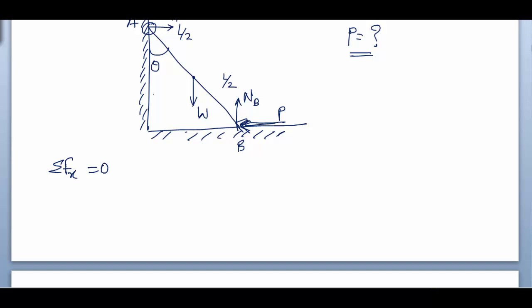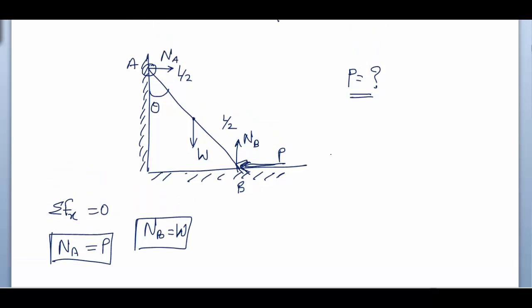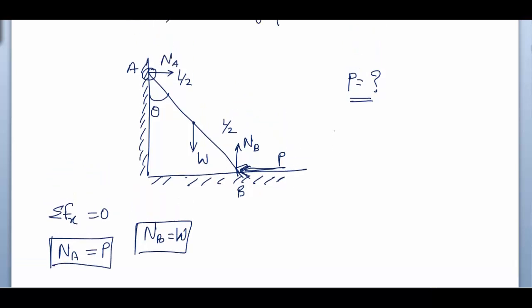So N A equals to P and N B equals to W. So we get the two equation. Now we apply the second condition, that is summation of torque or summation of moment about any point will be 0.